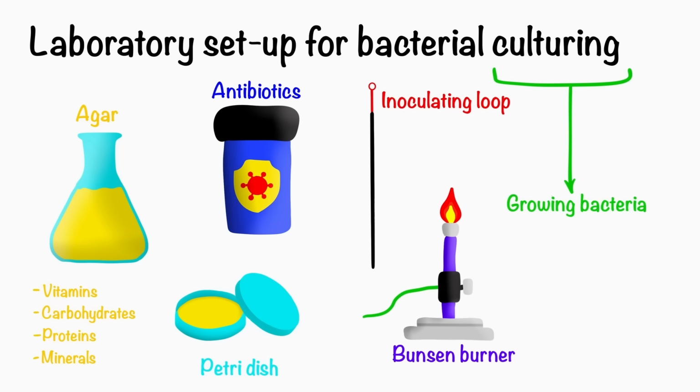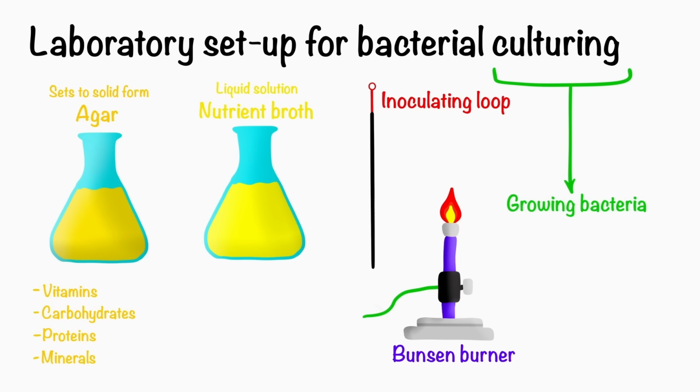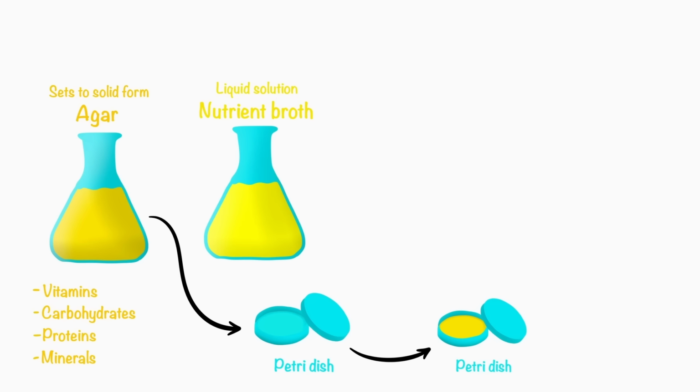This is done using a culture medium, a substance containing carbohydrates, minerals, proteins, and vitamins necessary for bacterial growth. Scientists typically use two distinct types of growth media, either liquid solutions called nutrient broths or solidified media containing agar. Agar is particularly useful because bacteria grown on it form visible colonies that scientists can observe and count.